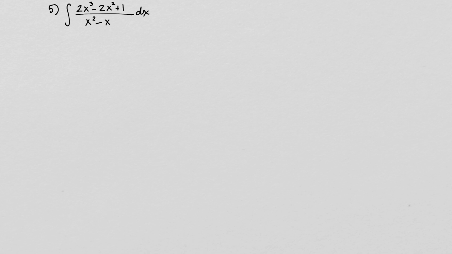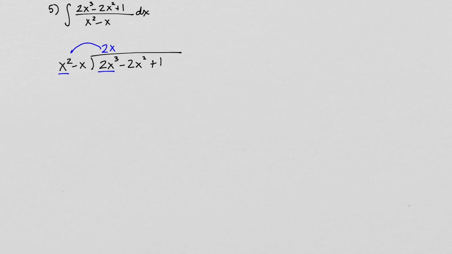And so I take the 2x cubed minus 2x squared, oops, I did not leave myself enough room here, plus 1, and I'm dividing it by x squared minus x. So the first thing I'm going to do is compare 2x cubed with x squared. To get 2x cubed, I need to multiply x squared by a 2 and an x.